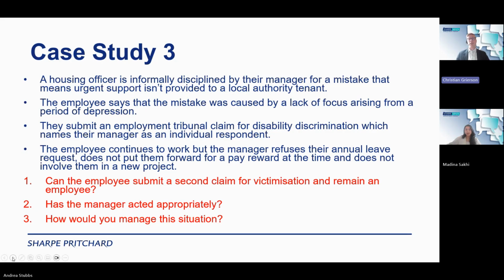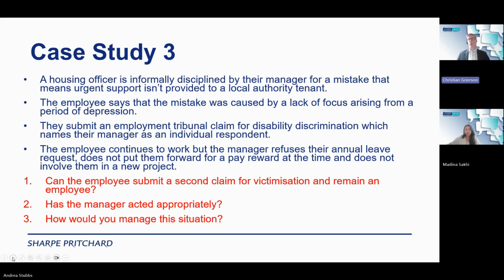And so if that employee remains employed by your organization, they will start to perceive every action taken by the employer as potentially motivated by the fact that they have a live claim against the organization. This makes it very difficult for the employer to manage the employment situation and for me to manage the litigation risk.